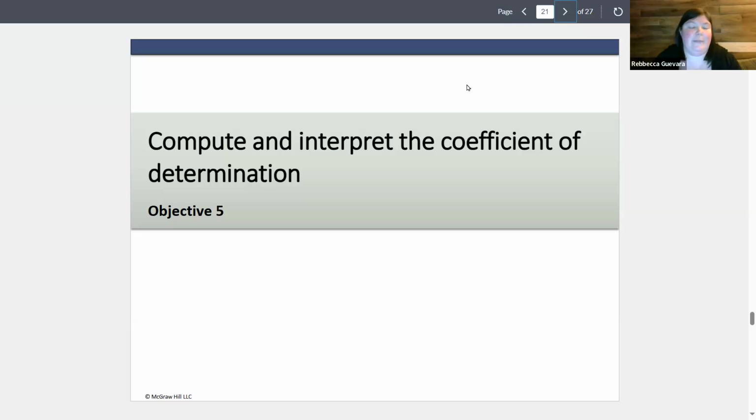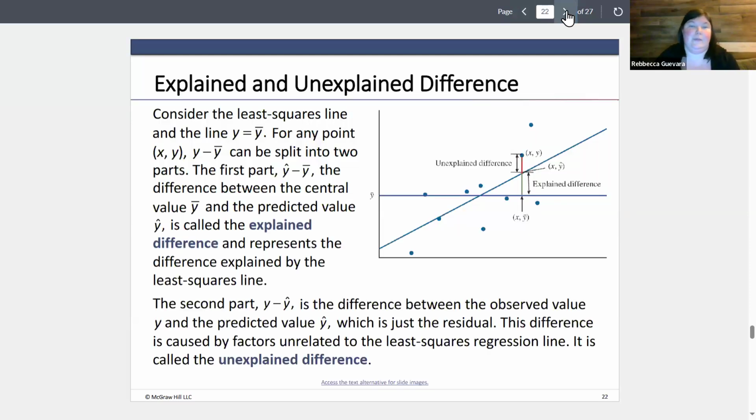So that being said, what the coefficient of determination does is it tries to determine how much of the variable you're looking at influences the data. So we have explained and unexplained differences.